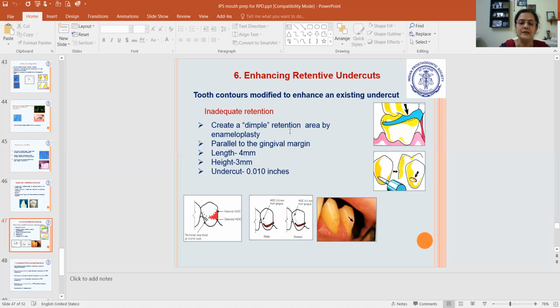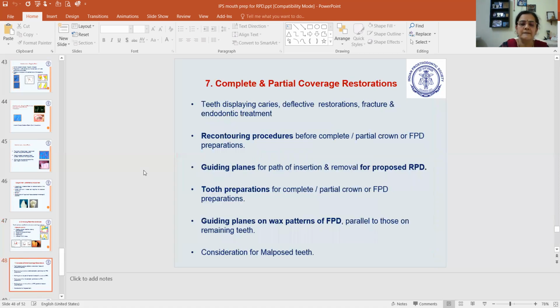Here also, either by dimpling or by enameloplasty, other areas are modified, as you can very well appreciate mainly in the mandibular canine or mandibular molars. Mainly the canines and molars are the teeth where we need to enhance the retentive undercuts.